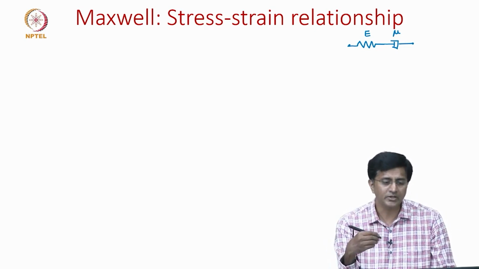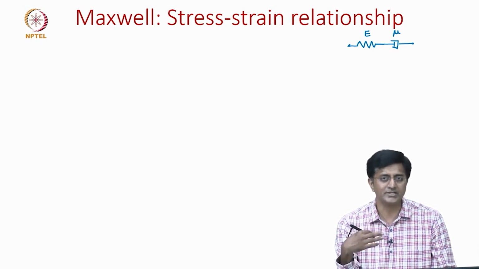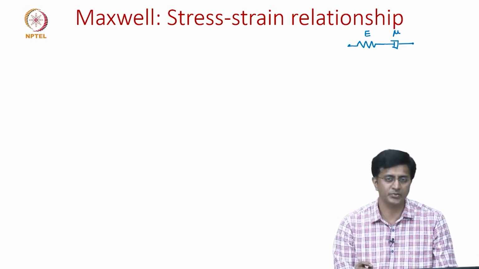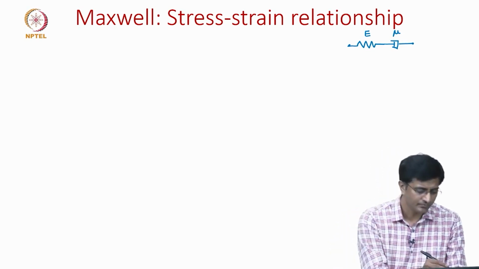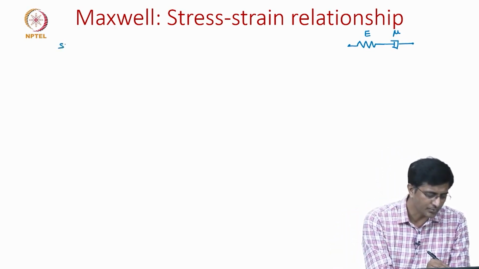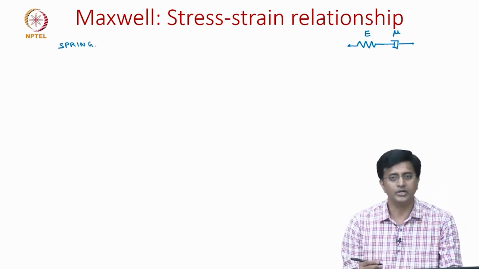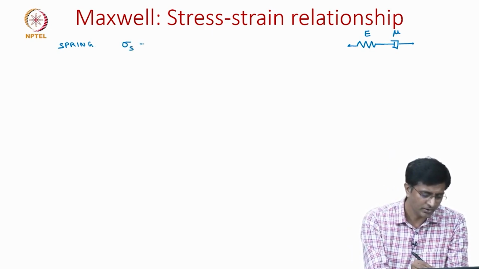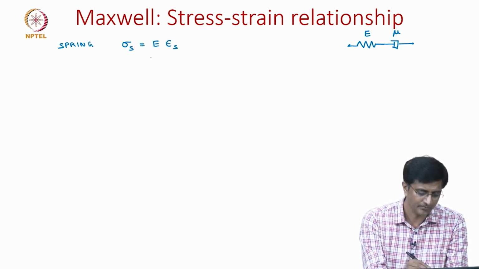To start deriving the stress strain relations, first let us write the constitutive equations of these elements, the spring and the damper. For the spring, we know that the relation between stress and strain is Hooke's law. So, the stress in the spring is E times the strain in the spring.